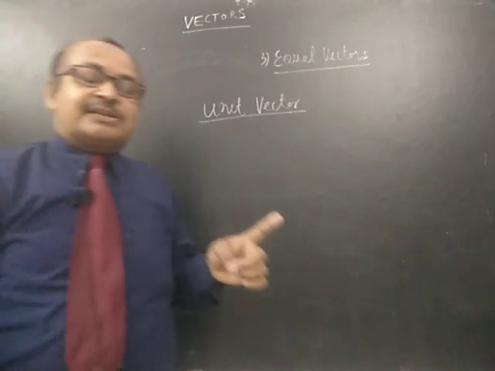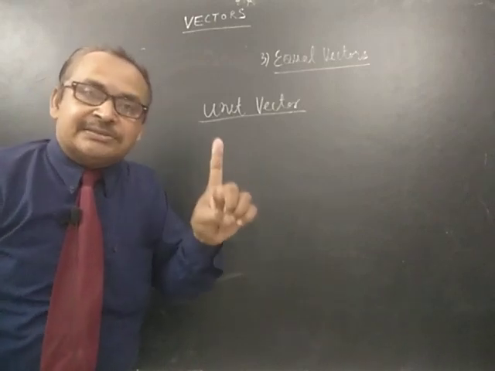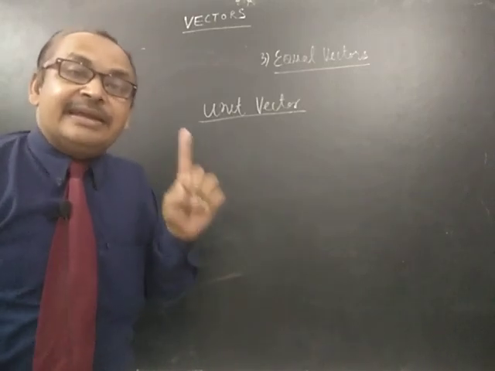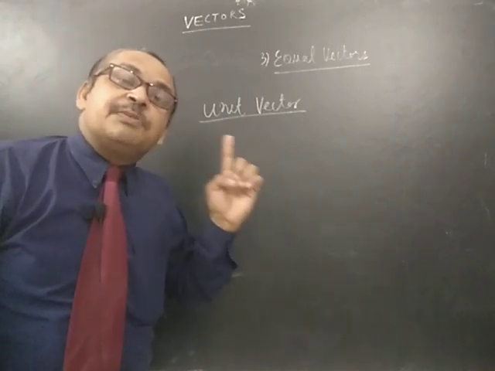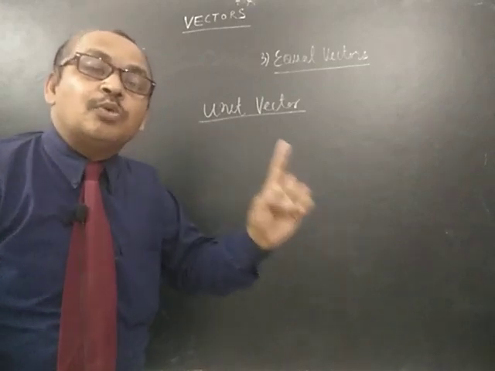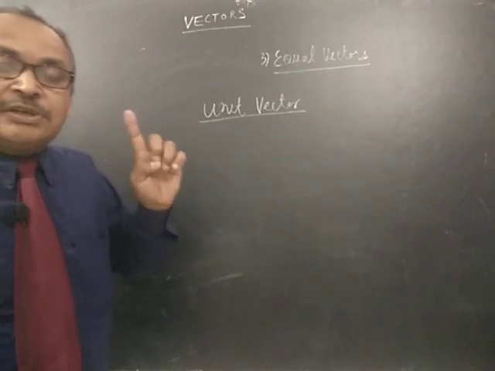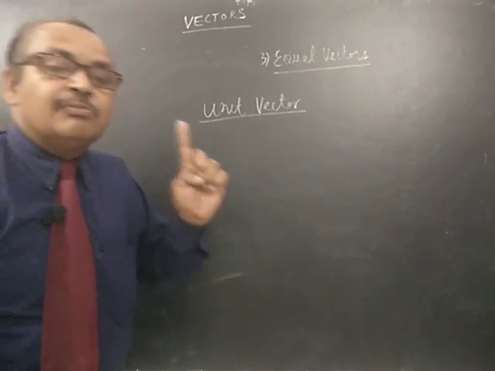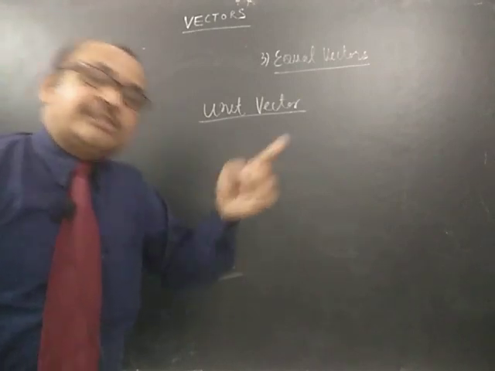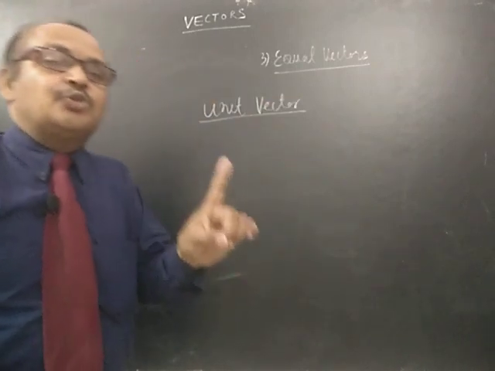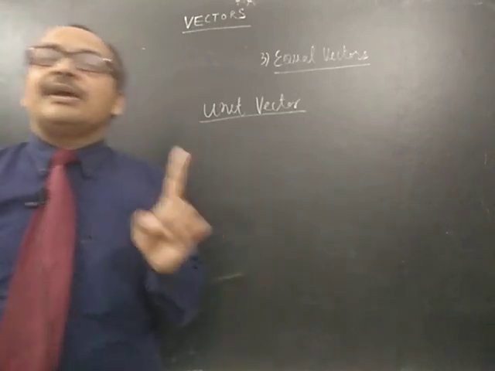So a unit vector is a vector whose magnitude is 1 and is in the direction of displacement or motion. In whichever direction the displacement will be, the vector having magnitude of one unit in that same direction is called a unit vector.